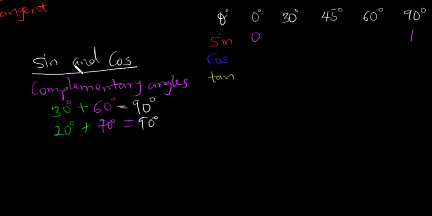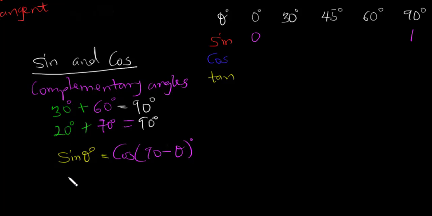Now the sine and cos have a very special relation when it comes to complementary angles. By this I mean, if you take the sine of any angle, say theta degrees, that is equal to taking the cos of 90 minus theta degrees.